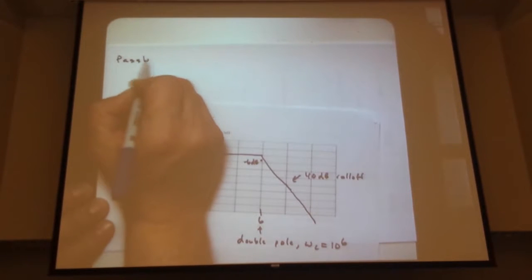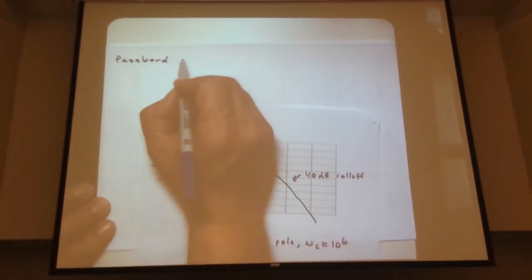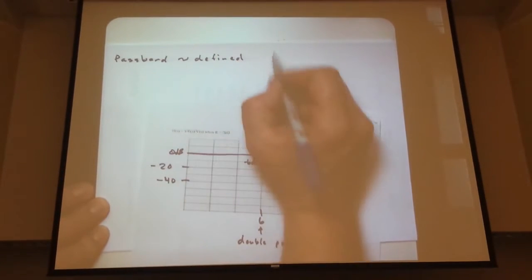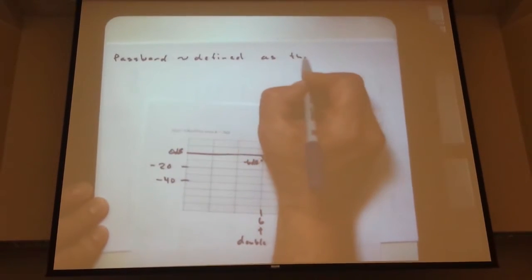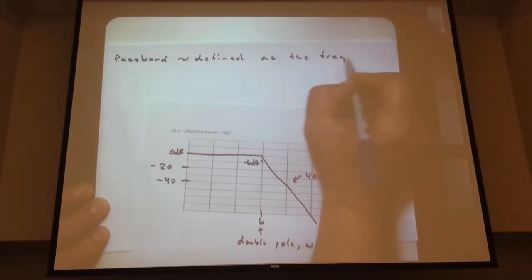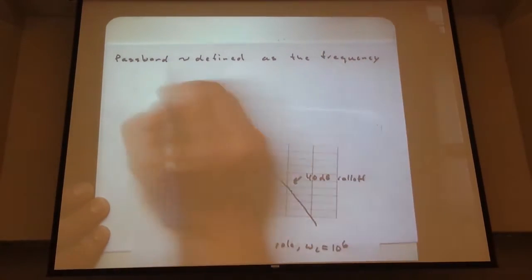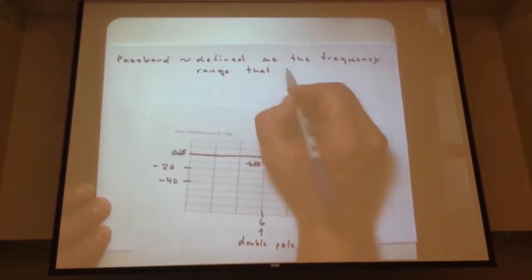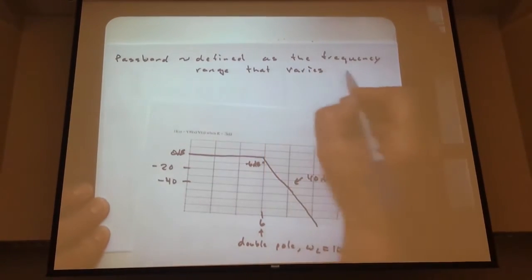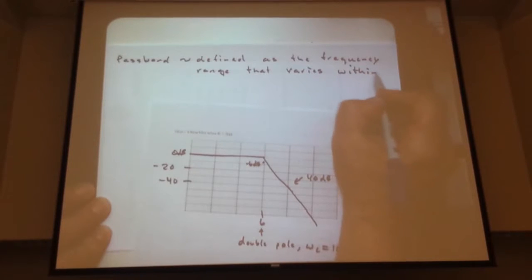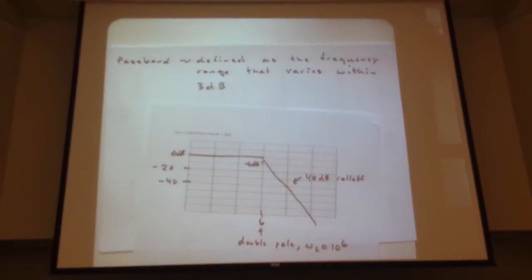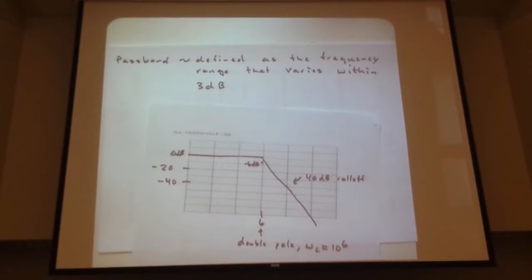Passband is usually defined, not always, as the frequency range that varies within a 3 dB fluctuation. That varies within 3 dB.